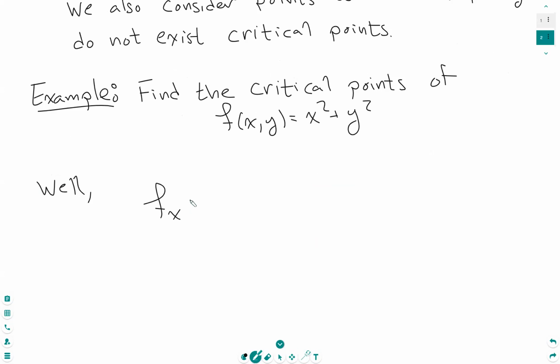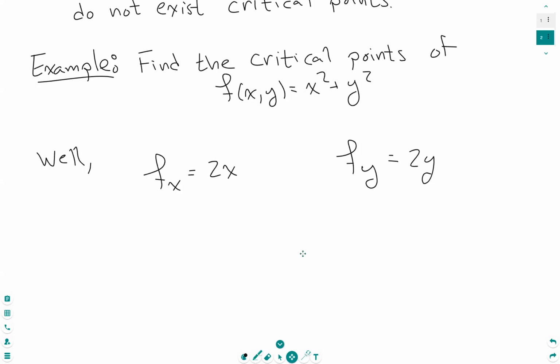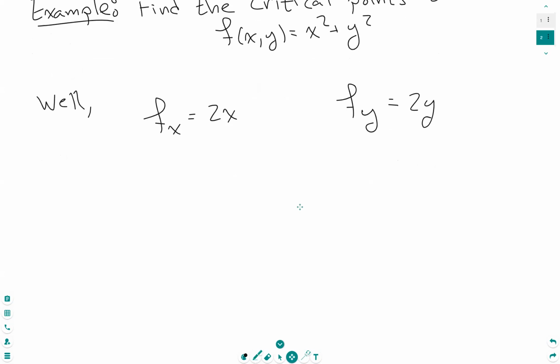So we have that the x derivative gives us 2x, and the y derivative gives us 2y. Now, for a critical point, it's not that one of them is equal to 0. It's that both of them are 0. So here I get that x needs to be 0, and here I get that y needs to be 0. So the only point that ensures that fx and fy are both 0 is the origin.